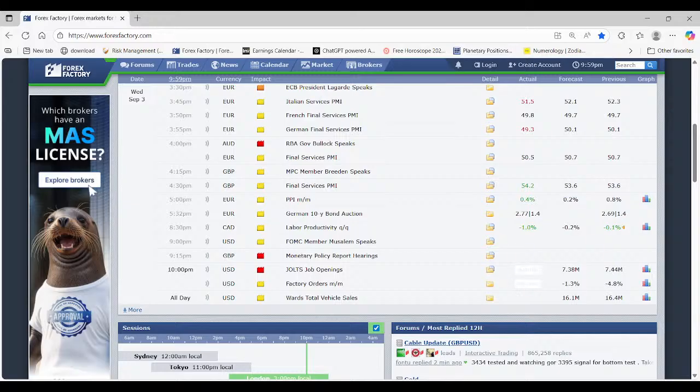The market is spiking higher. What is the data? Slightly worse than expected. Forecast is 7.38 million, but it came out to be 7.18 million.